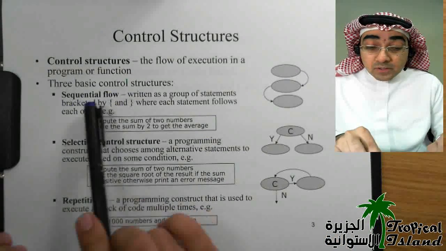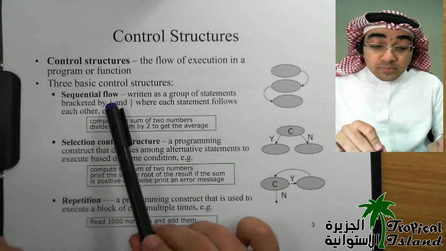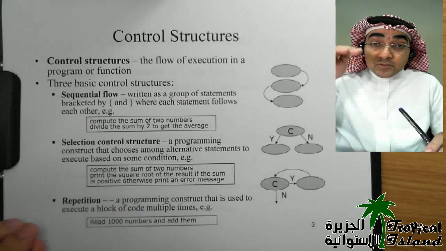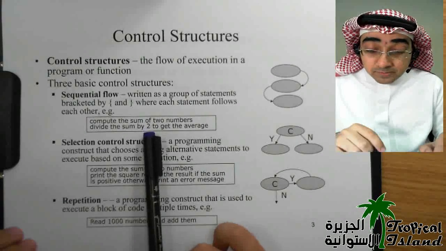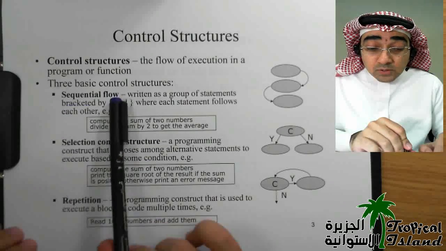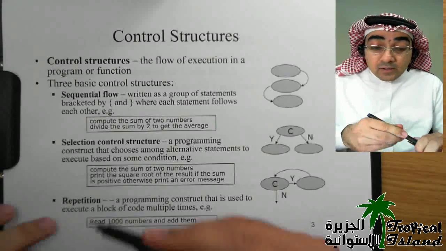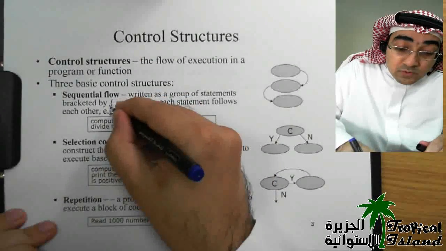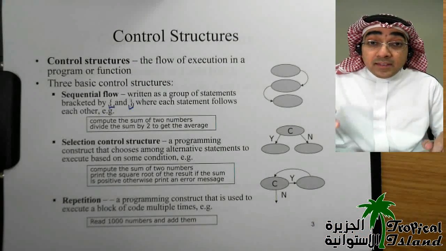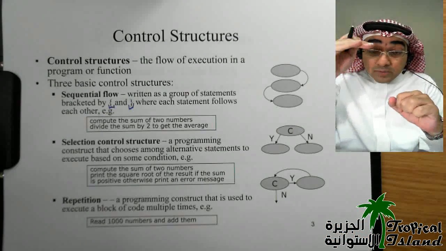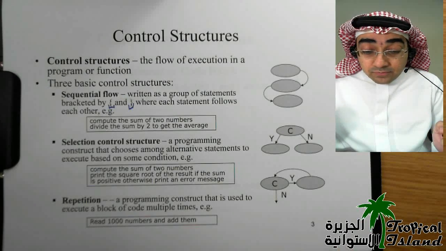Okay, three basic control structures: a sequential flow. In C programming, you go line by line. The compiler is going to execute the commands line by line and in sequence. And usually in sequential flow we write them in a block of code and we indicate them by the open curly bracket and the close curly bracket, and that indicates that everything between these two curly brackets goes sequentially unless you find another structure.